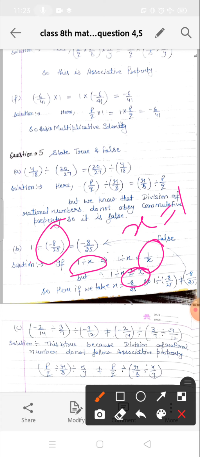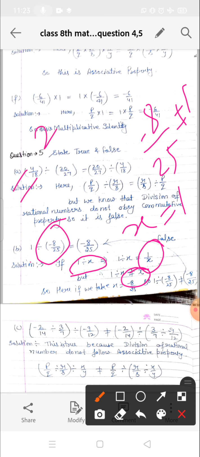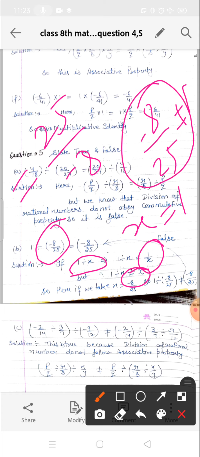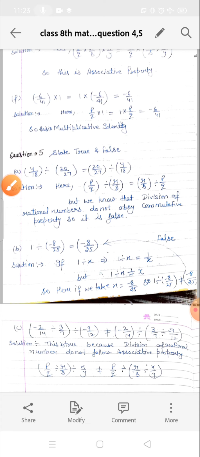But here x is equal to minus 8 by 25. This is not equal to 1. So we can say that the answer of this question should be equal to 25 by minus 8. But we have been given the answer minus 8 by 25. So we can say that this is wrong and this is a false statement. Clear? So this is the B part.